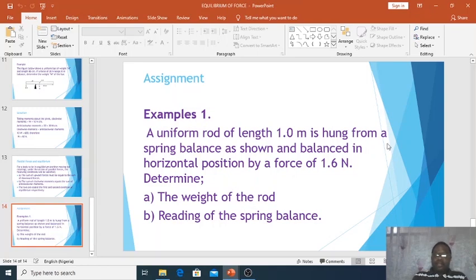We also say that when a body is acted upon by several forces, then the algebraic sum of the moments, the clockwise moment, must be equal to the anti-clockwise moment.